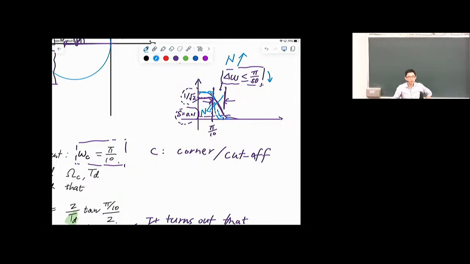trying to share with you this very general idea: trade-off. Whenever there is a design, there is a trade-off. You'll see this repeatedly, not only for IIR but also for FIR. If you want a narrower transition, usually you need to buy that with a heavier computation load.